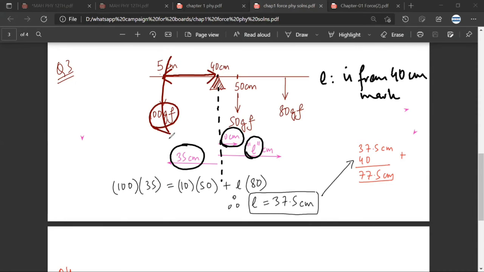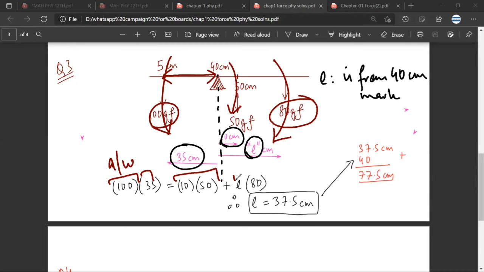So 100 into 35. So this would be the anti-clockwise moment, and 10 into 50, and then you have 80 gf, which is in the clockwise direction, 80 gf into L. So you'll solve for L, and the L would be 37.5 centimeter.